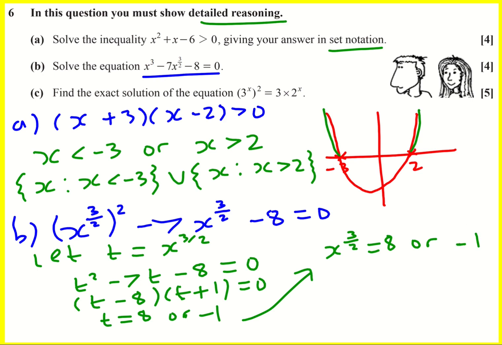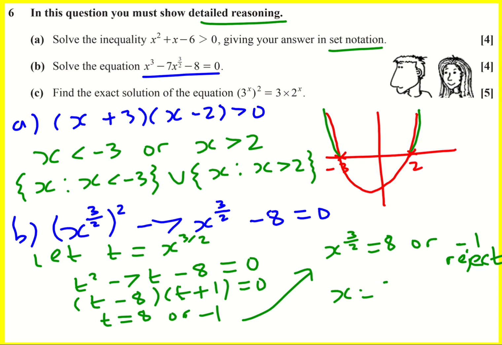But the minus 1 one, well, if you think about it, if you've got x and you cube it and then you square root it, or you square root it and then you cube it, it's always going to be positive. So this one we need to reject, because this means the square root function, which is always a positive square root. So reject that one.